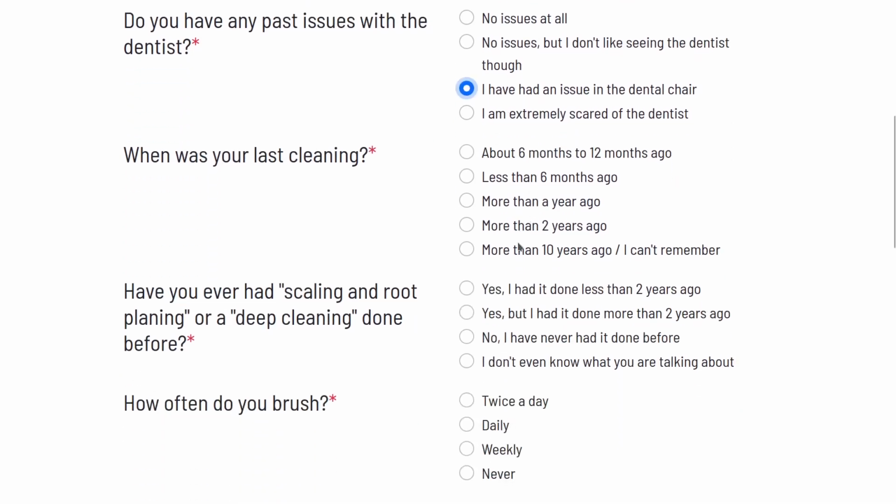When was their last cleaning? This is also important in terms of knowing when they are due for a cleaning, because sometimes they just had their cleaning done at a different office and they're coming to you for, let's say, a second opinion, or they want to get more than the 2 cleanings that are allowed by their insurance. So then you have an idea that they have to pay out of pocket for the additional cleanings.